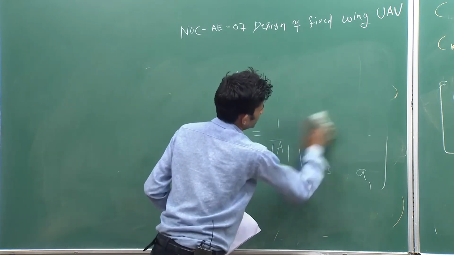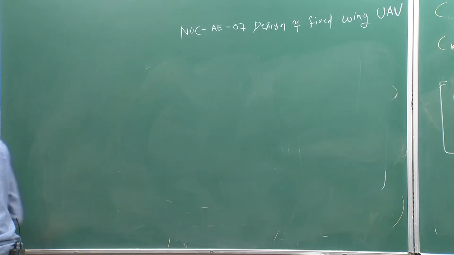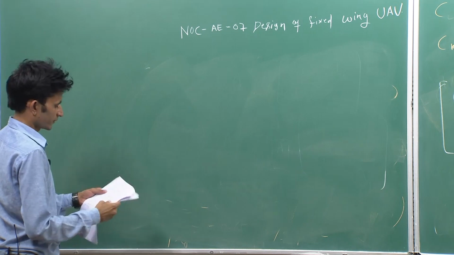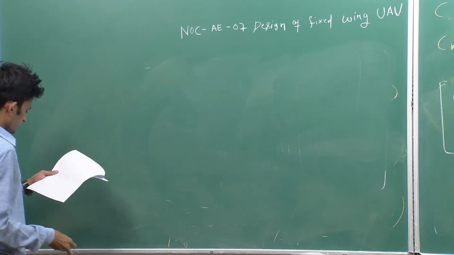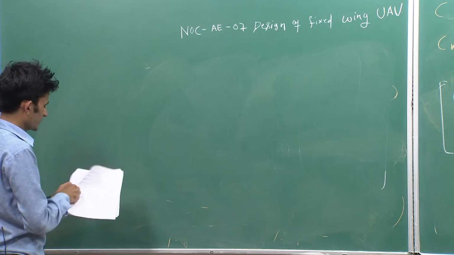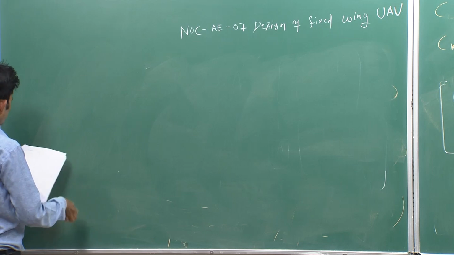So A inverse is nothing but the adjoint of A divided by the determinant of A, which we have written there. So what will your A inverse be?